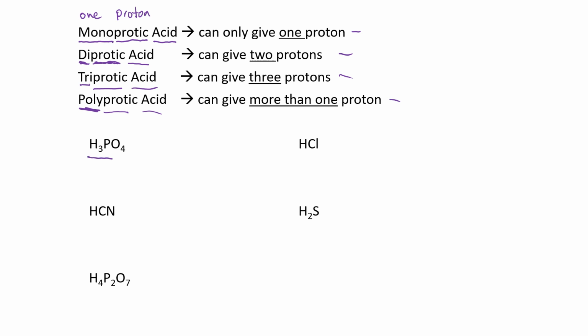For this one right here, it has the ability to change into 3 hydrogens plus a PO4 3 minus. That means since it has the ability to donate up to 3 protons, this is a triprotic acid.